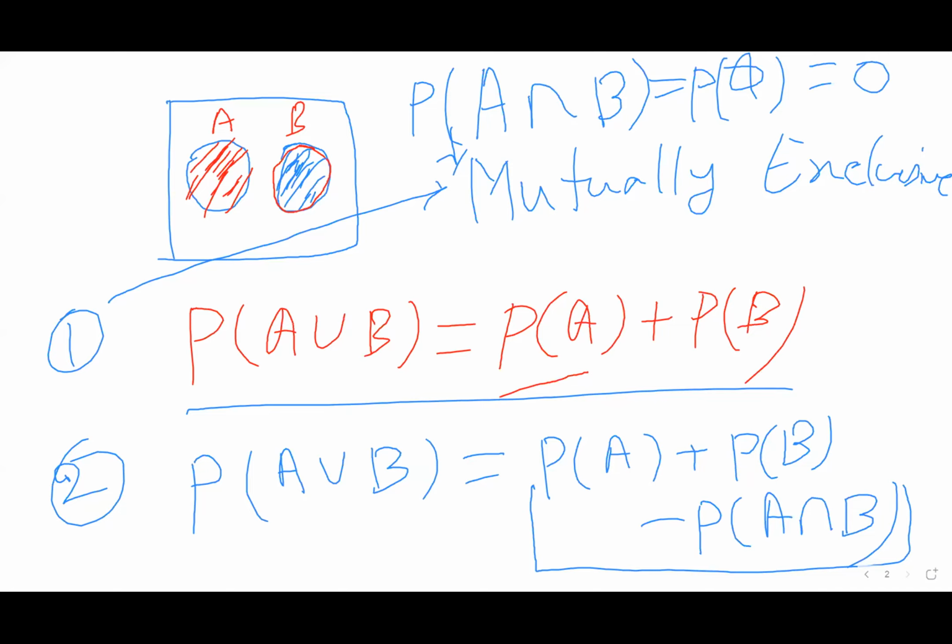It is not going to happen because there is no outcome actually. So the probability is 0. So when they are mutually exclusive, the probability of this part is 0, which means we do not have the intersection part in this formula. So for A union B, you have two formulas: the first one when they are mutually exclusive, and the second one when they are not mutually exclusive.